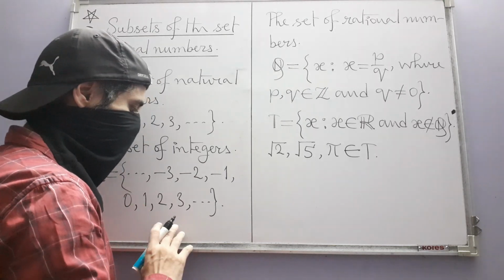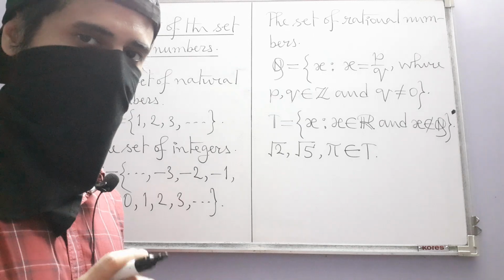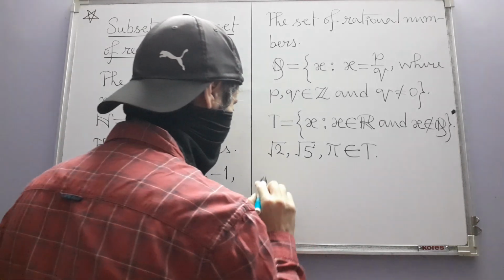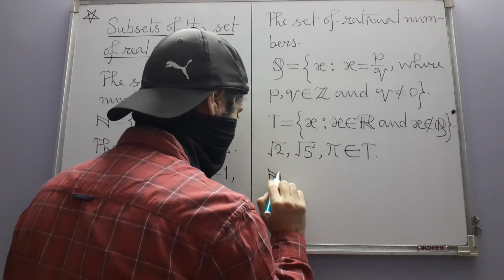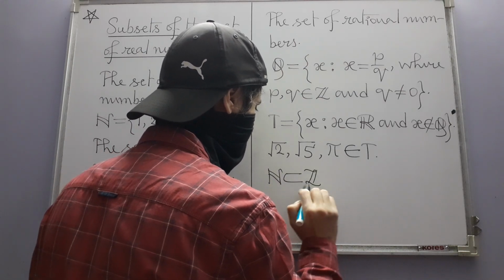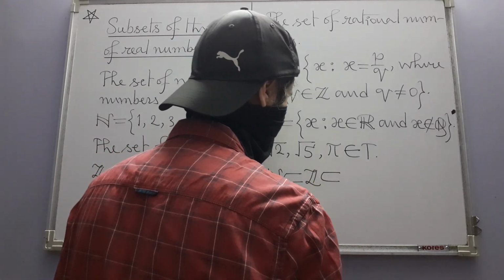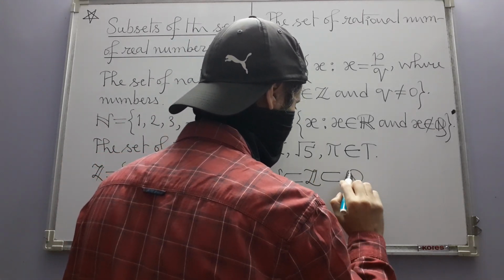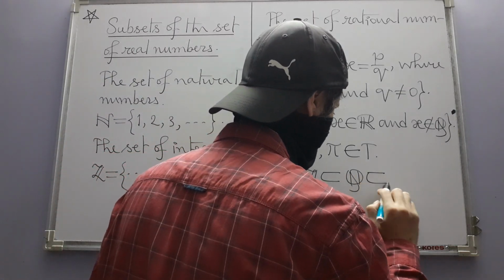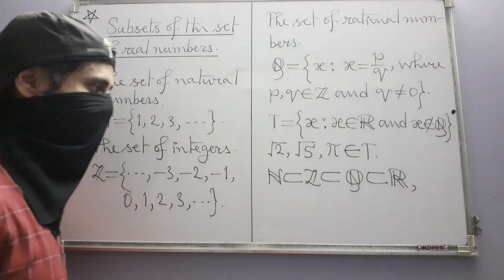Now, the way these sets are related to one another using the subset relation is this. First, the set of natural numbers is a subset of the set of integers, which in turn is a subset of the set of rational numbers, which in turn is a subset of the set of real numbers.